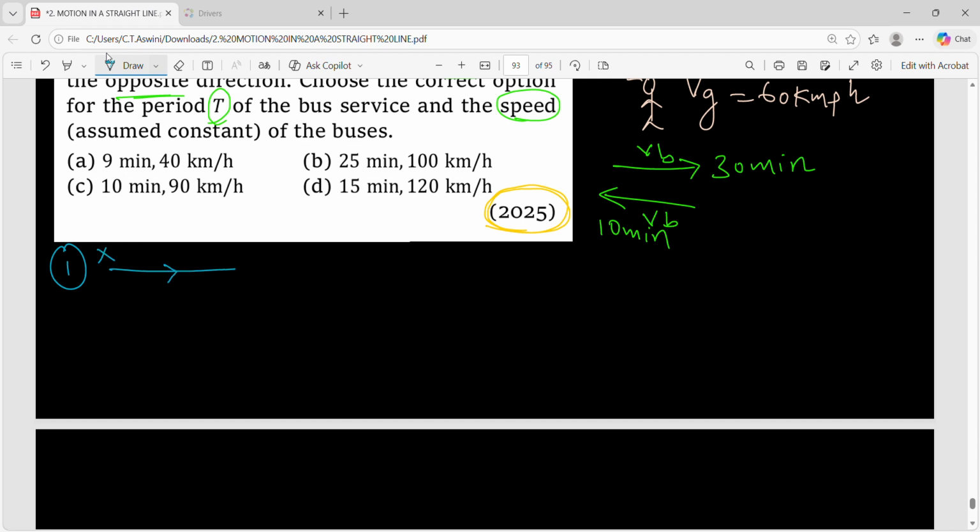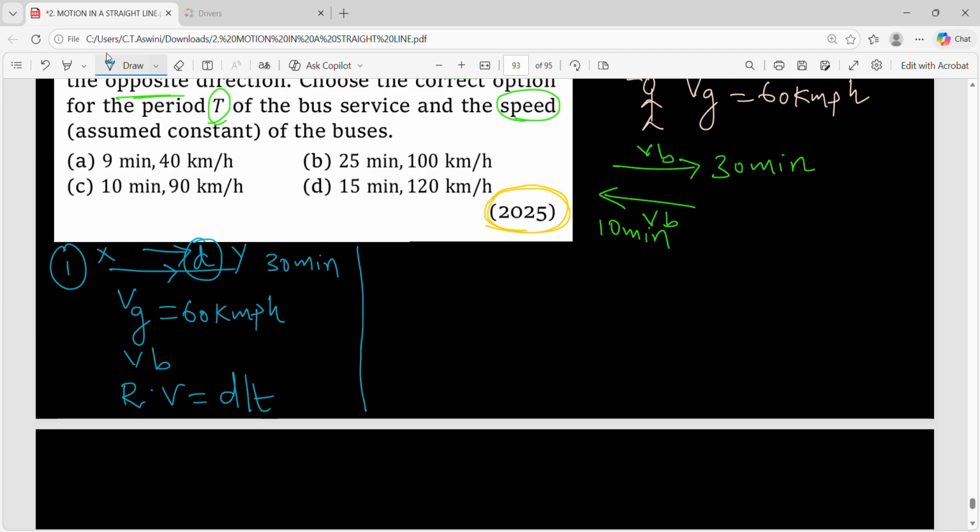Case 1: the girl was going from X to Y, right? What is the girl's speed? It is 60 kilometers per hour. Now in the same direction, the bus was crossing the girl in 30 minutes. So let the velocity of the bus be Vb. Let us assume this distance as d kilometers. Now apply the relative velocity concept.